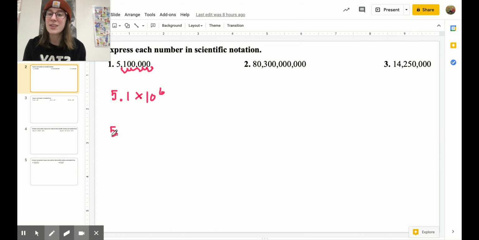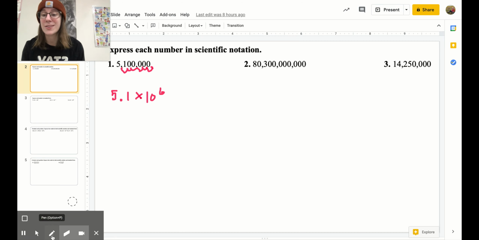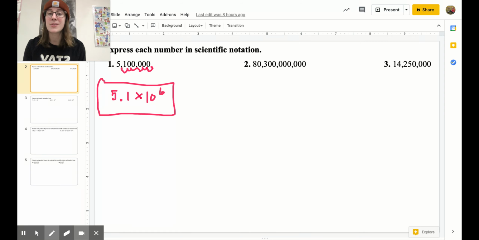So 10 to the power 6 is like 5.1 times 1 with 6 zeros. But that is a lot of work, so we don't do that. Mathematicians are lazy in the fact that we want as many shortcuts as possible. So that is your final answer for problems like that.